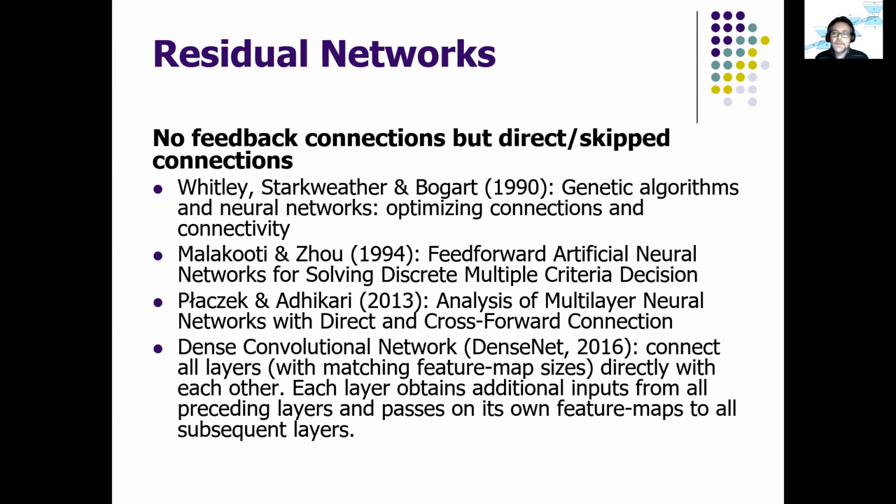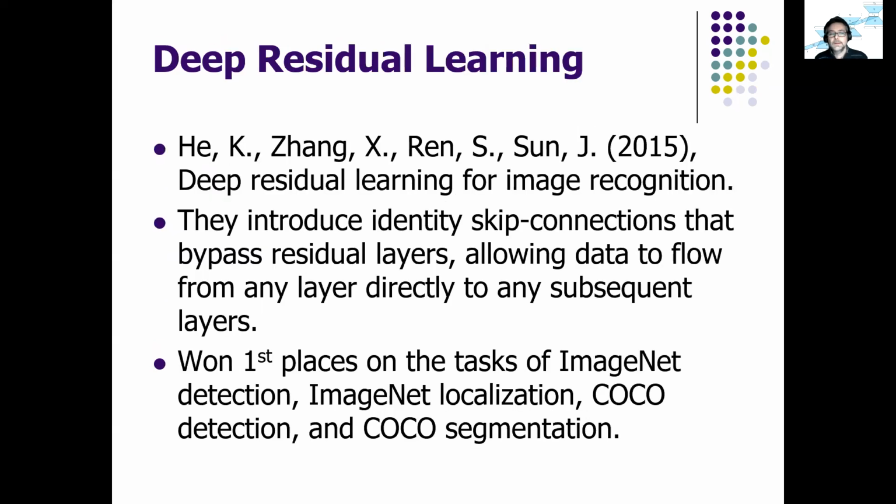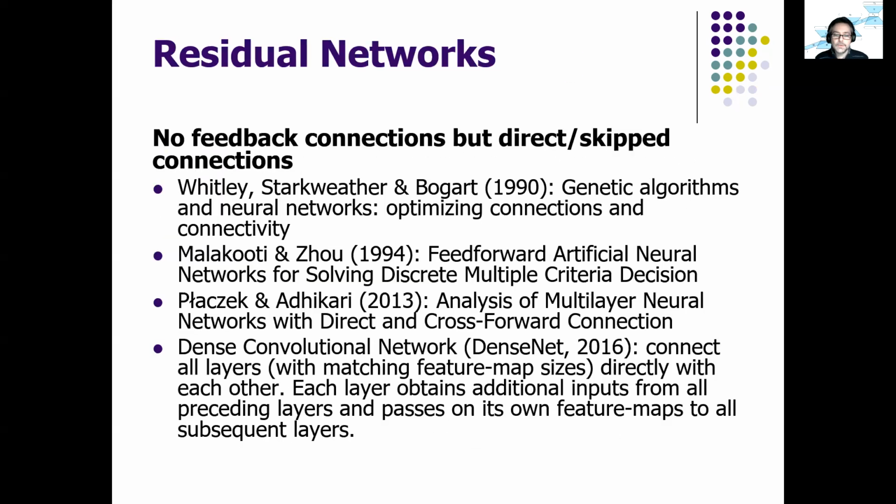They provide theoretical justification of why this can help with training and generalization. And as you can see, this work came much earlier than 2015, when the deep residual network was introduced.